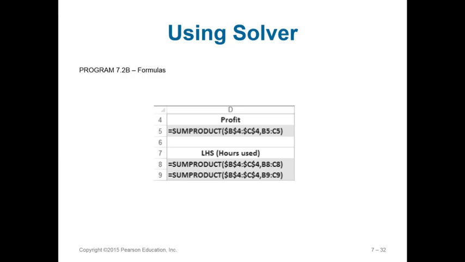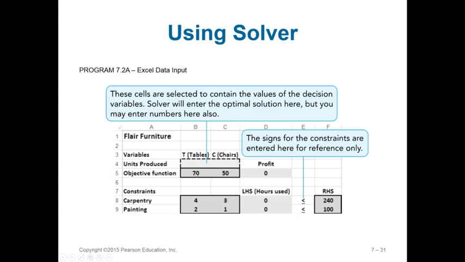Formulas that are used within there are typically SUMPRODUCT. So the equal sign, the function SUMPRODUCT, allows you to multiply, say, the 70 times the 4 and the 50 times the 3, or whatever it is you were going to do. That's not what you want to do within this, but SUMPRODUCT allows you to designate a series of data points that will be multiplied against another series of data points.